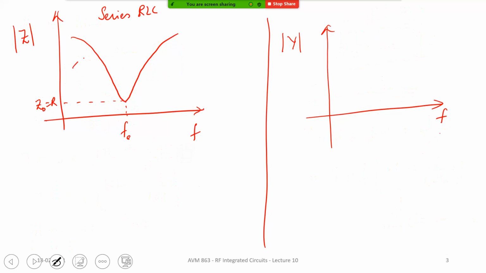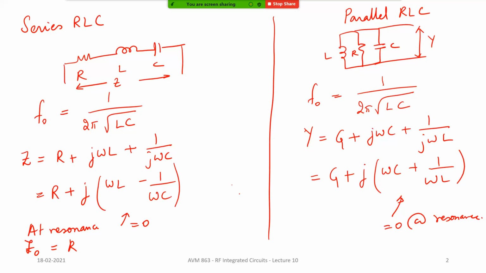For lower frequencies, the capacitive impedance dominates, and at higher frequencies, the inductive impedance dominates. Basically, the crossover point is your resonance point.